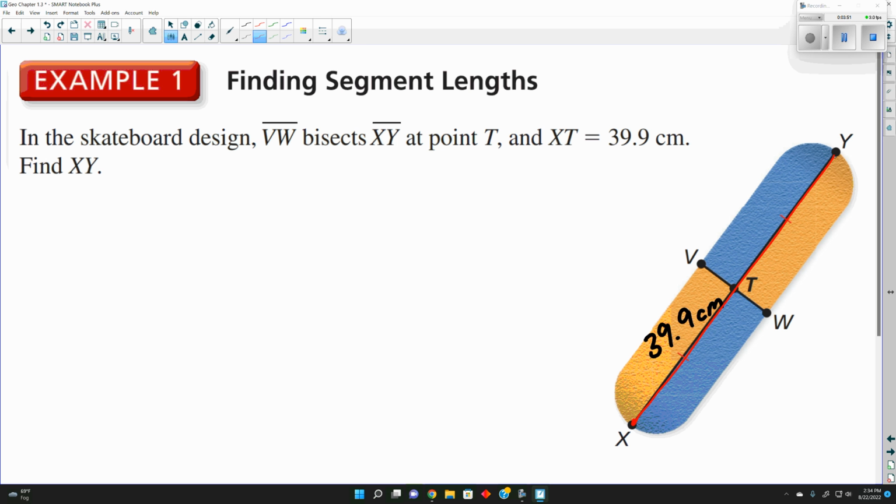So we want to find the length of the whole thing. Well, point T is the midpoint. It bisects it in half, yes? So we know that TX is going to be the same as TY, yes? So what's the length of TY?